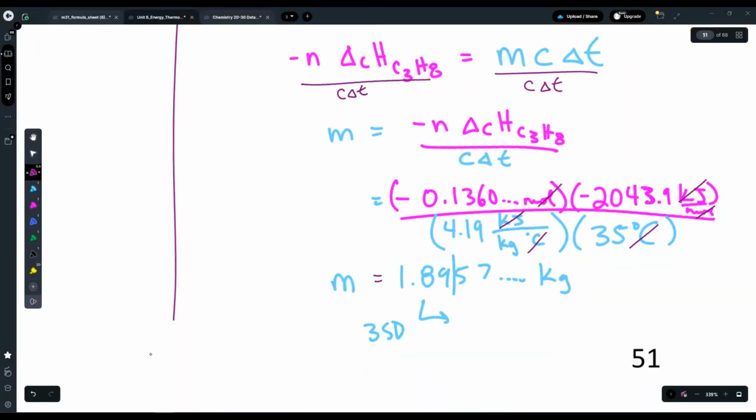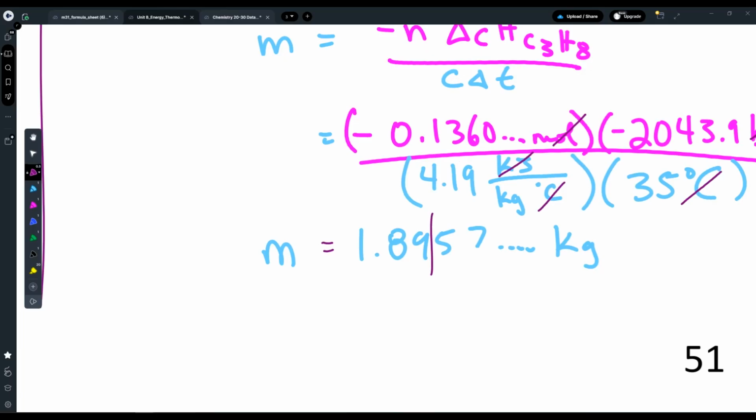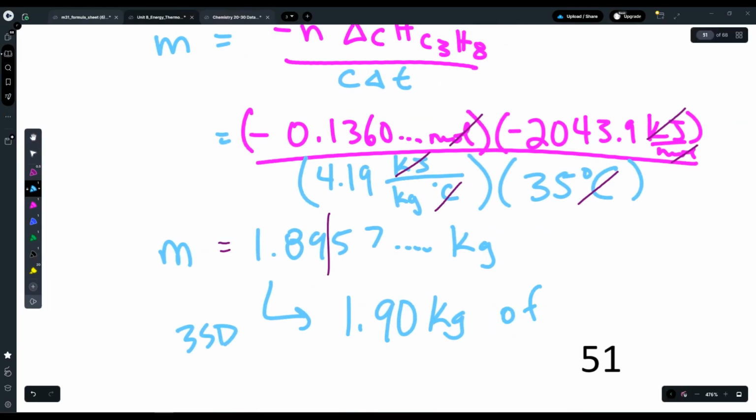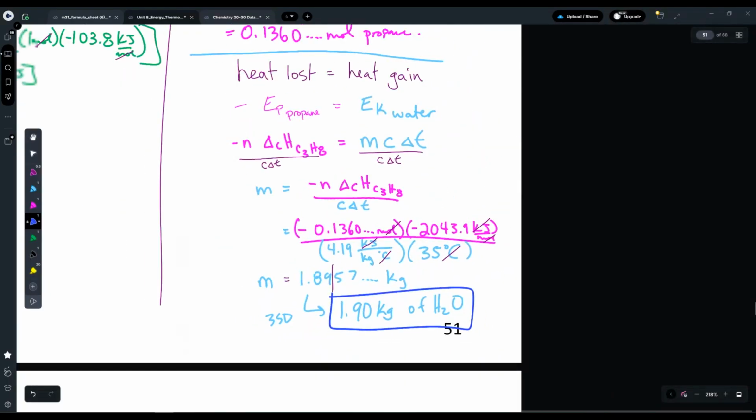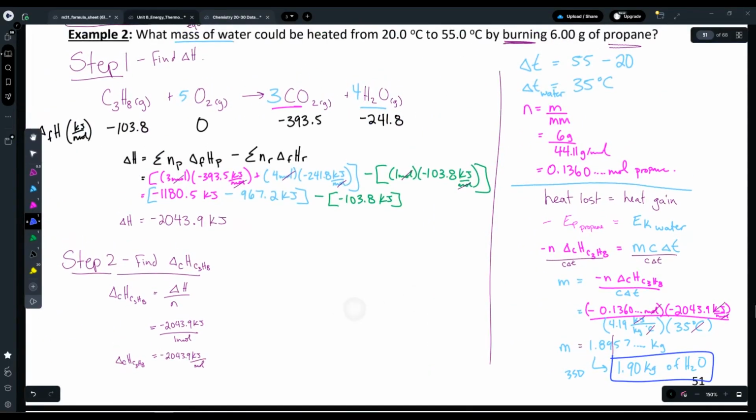Let's do a different color here. And there you have it.